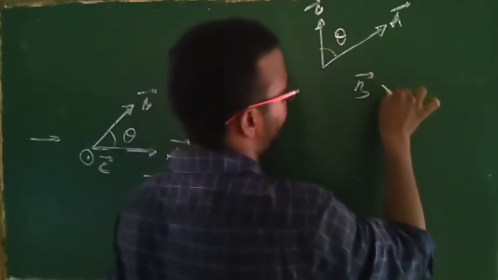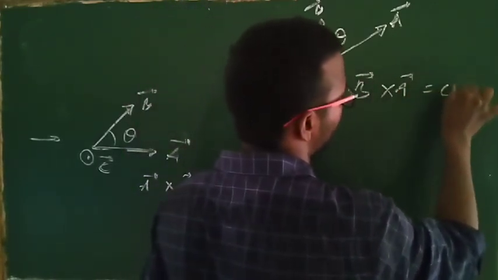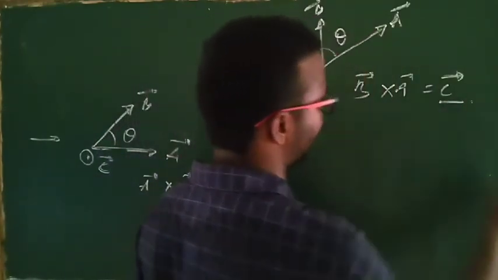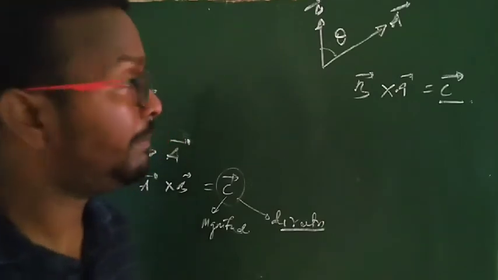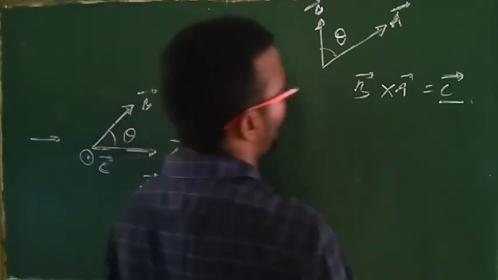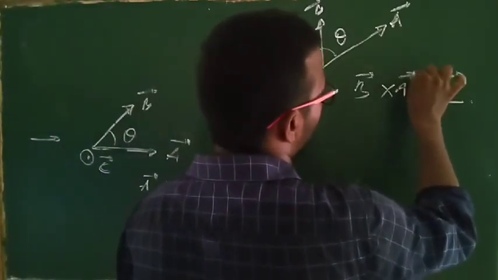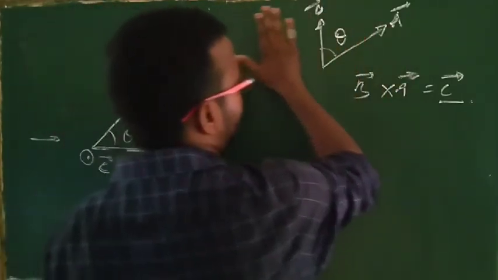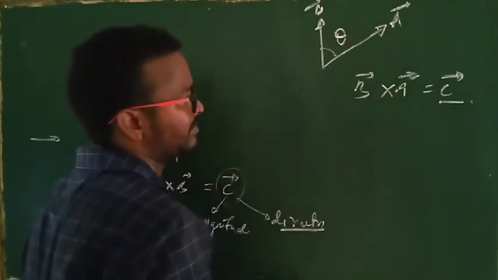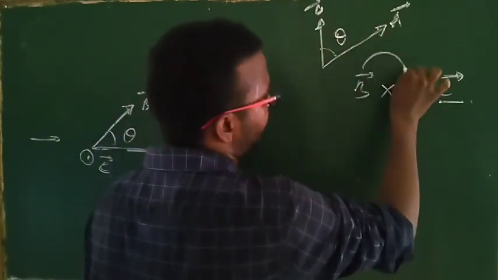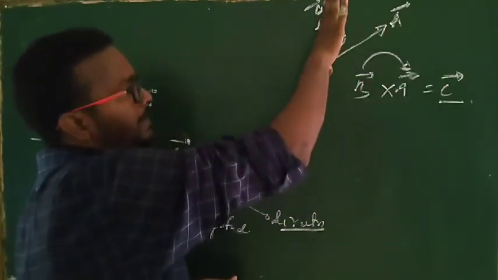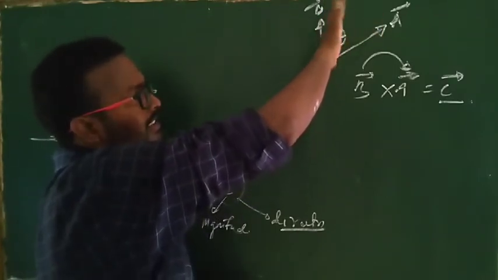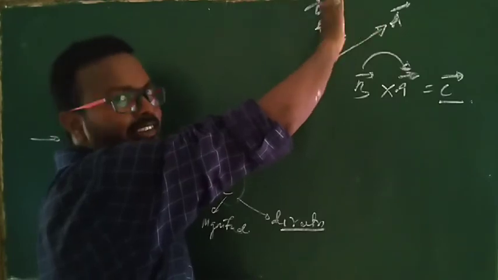So B cross A equals another vector C. Now you have to find the direction of vector C. How can we find it? First you have to imagine the plane containing vector A and vector B. First we will go from B to A. This is vector B, and we have to curl the fingers towards A.